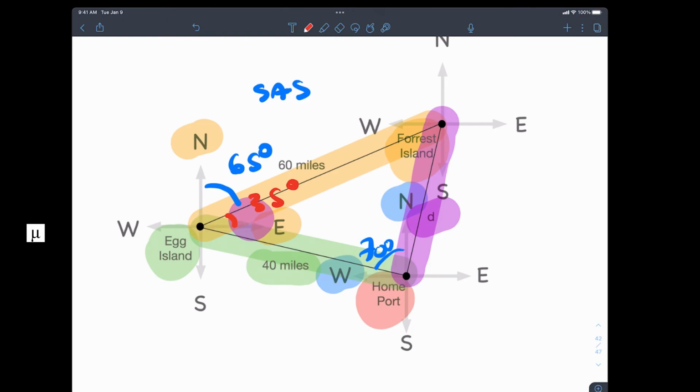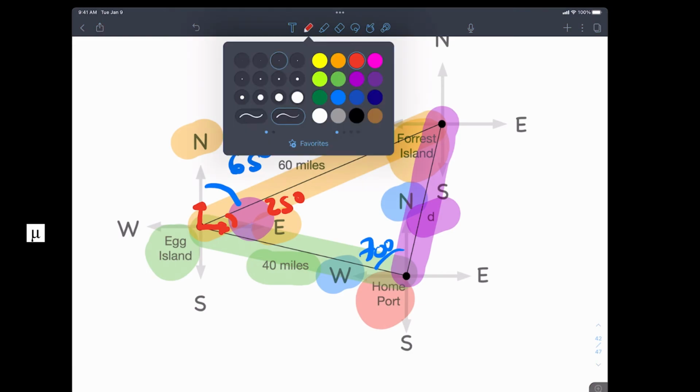Right, it's 25 degrees. Oh, you see a transversal here? So I think this is the claim here.